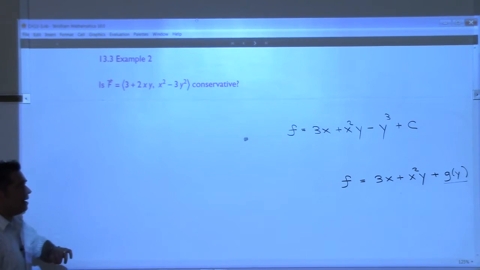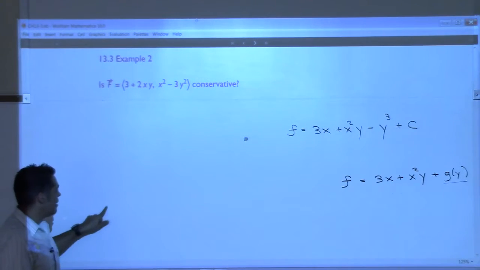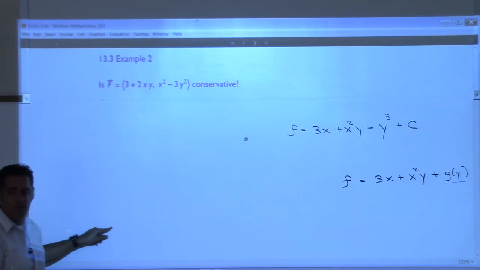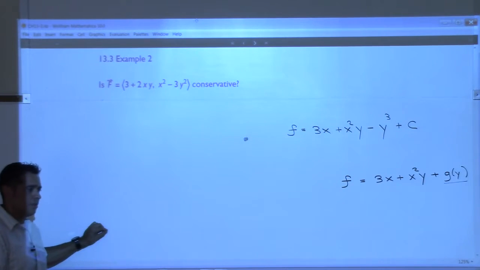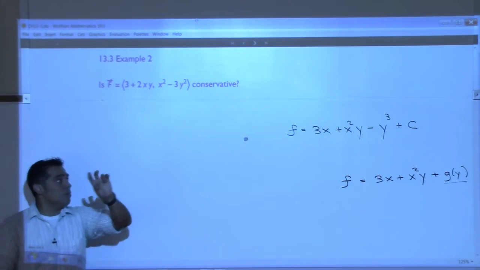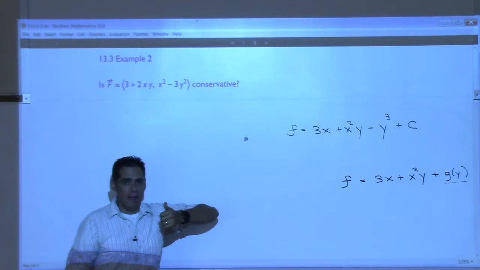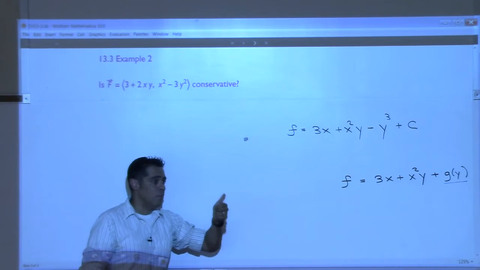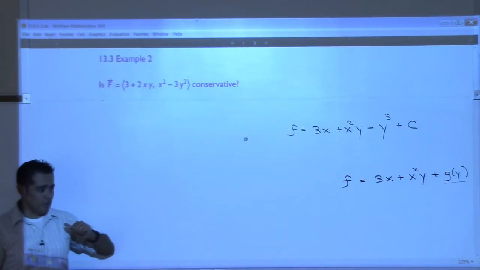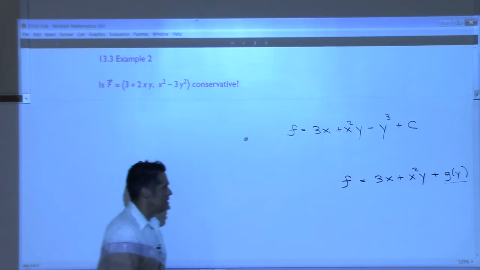We also know that if you try and calculate the work along a closed curve, it's always 0 if your vector field is conservative. We know that if someone gives us a two-dimensional vector field, we can check to see if it's conservative. And if it is conservative, we have a method of actually finding the potential function using partial integration. So that's kind of everything encapsulated up to this point.